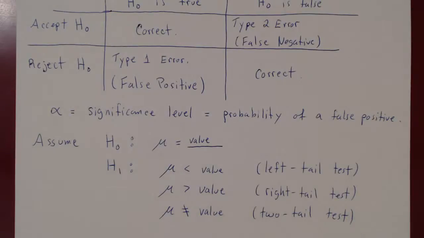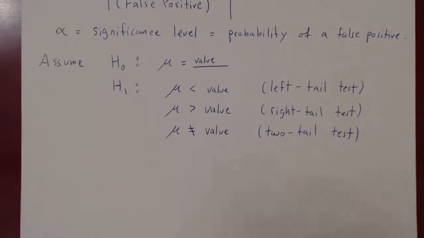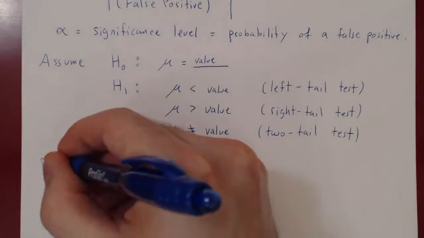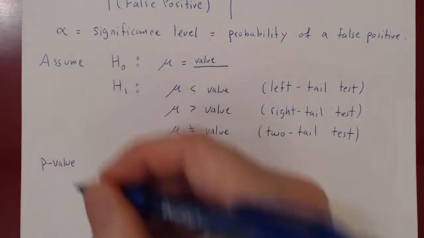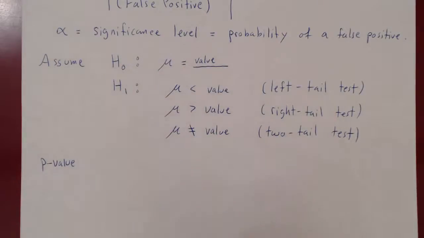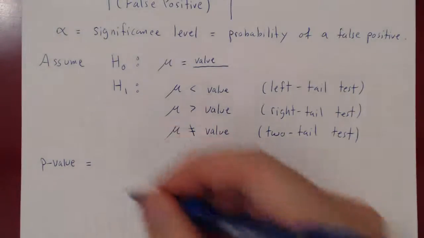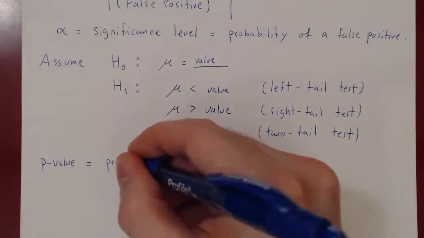And the probability of observing what we have observed, or more extreme, is the so-called p-value. So the p-value, again, this is found after you collect the data, you compute your observed statistic, and then you ask, what is the probability of observing a value equal to or more extreme than the observed value from our sample? And that's the p-value.